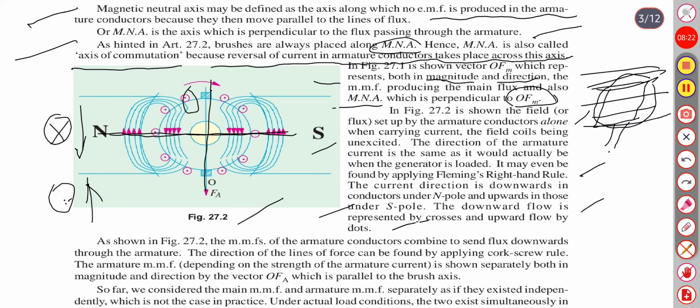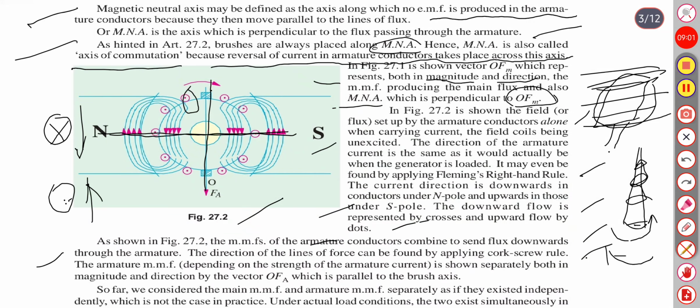The EMFs of the armature conductors combine to send flux downwards through the armature. The direction of the lines of force can be found by applying the corkscrew rule. The corkscrew rule is nothing but a screw, and for tightening we move it in this direction, and loosening is done in this way.